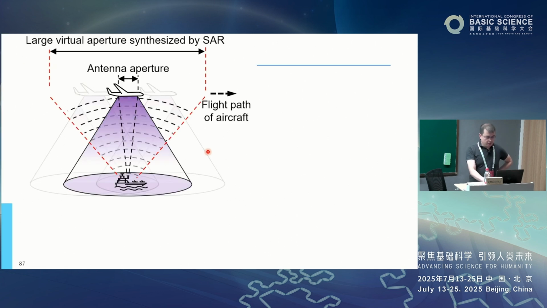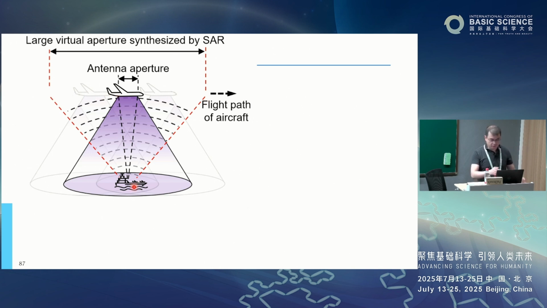This is also similar to the so-called synthetic aperture radar. The idea is that the antenna of your airplane is very small, so the resolution is very low. So what you can do is capture multiple images when the airplane flies across the object.